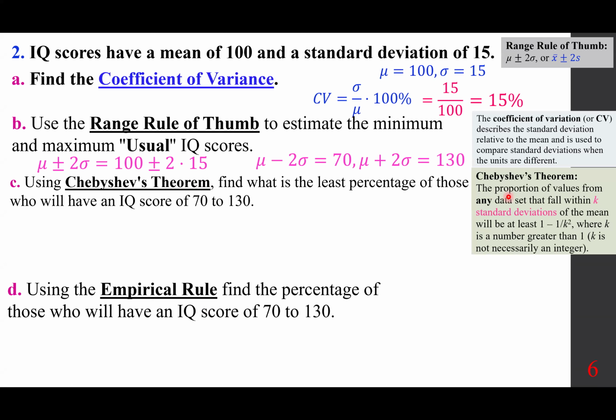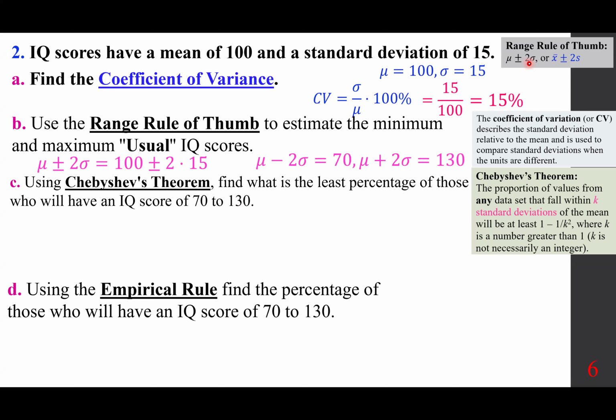And the proportion of values from any data set that fall within k standard deviations of the mean will be at least 1 minus 1 over k squared, where k is a number greater than 1, k is not necessarily an integer. And from 70 to 130, we know it represents 2 standard deviations.